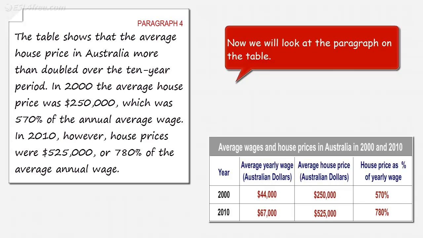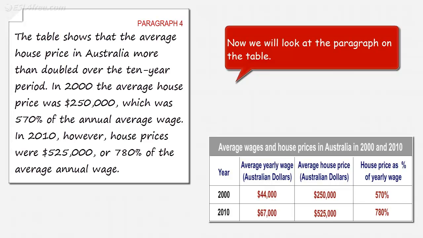Now we will look at the paragraph on the table. The table shows that the average house price in Australia more than doubled over the 10-year period. In 2000, the average house price was $250,000, which was 570% of the annual average wage.